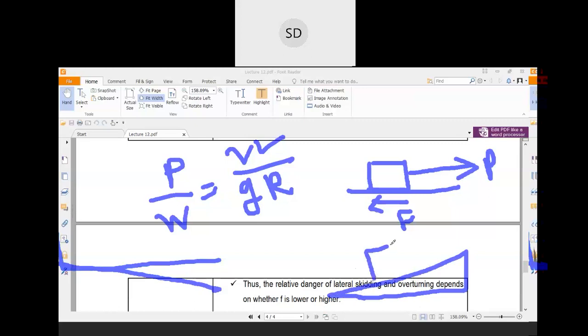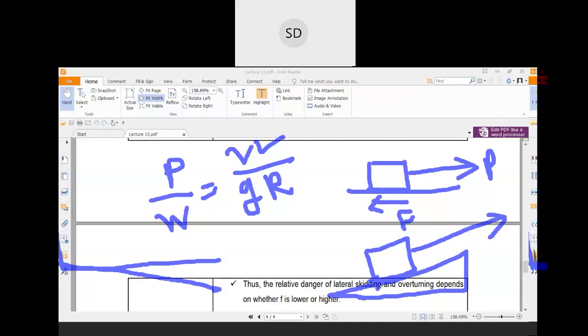In that case, if the vehicle is there and centrifugal force is acting in this direction, the frictional force would be increased by introducing this slope. Basically, this is the elevation of the outer edge of the pavement with respect to the inner edge, so as to nullify the effect of the centrifugal force. So basically that is your super elevation.